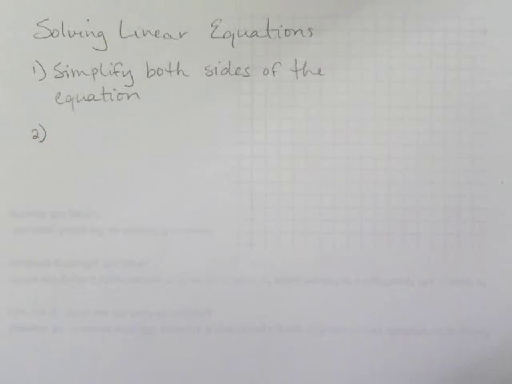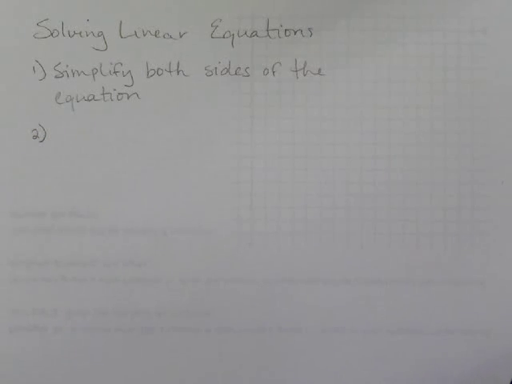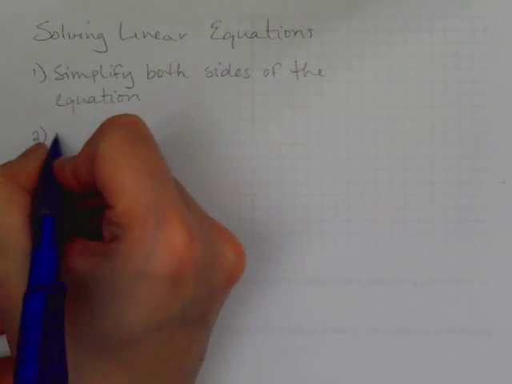The next thing, and there are different orders in which to do this, but I find this the easiest way to do it, is take away the smallest variable from both sides.